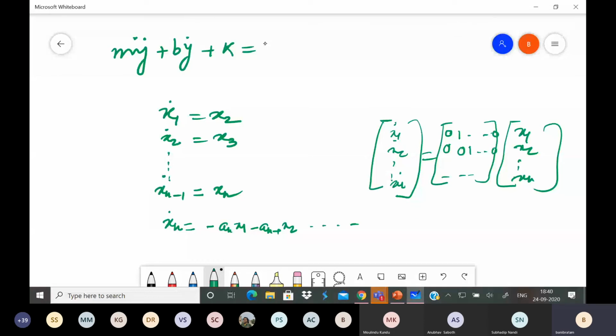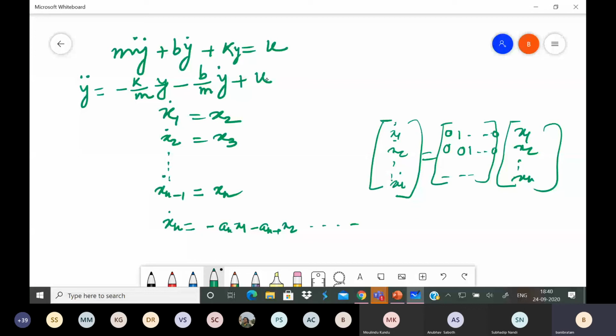From here, y double dot equals minus k by m into y minus b by m into y dot plus u by m. Can you write this?